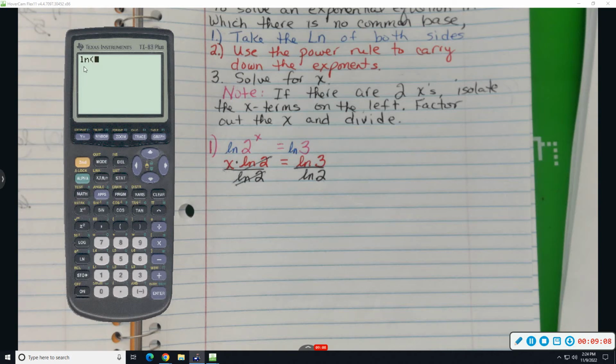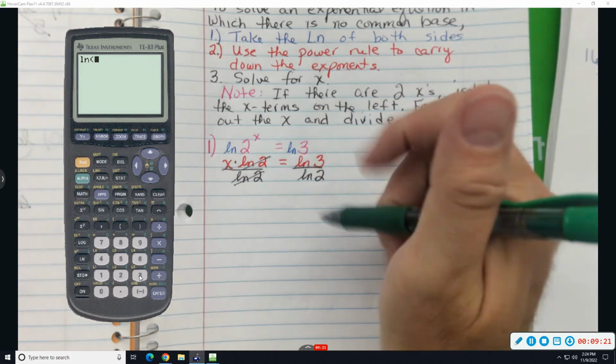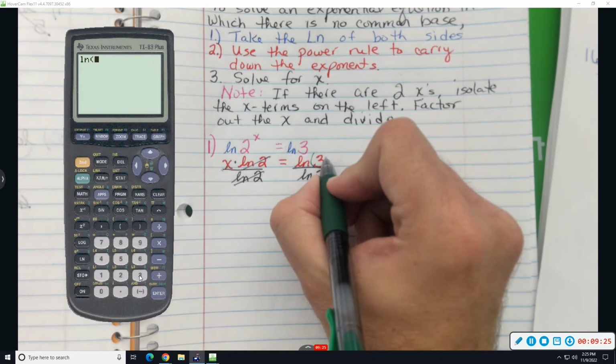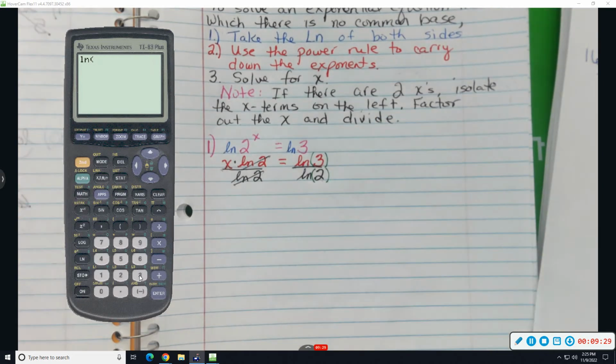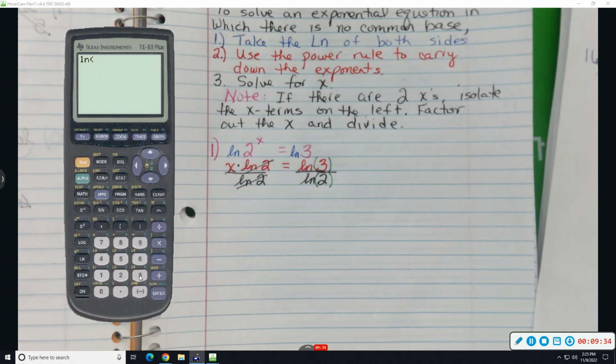If your calculator opens parentheses when you hit ln, you've got to make sure you close them. Since my calculator opened them, I'm going to have to close them. If you don't, you'll get the wrong answer.